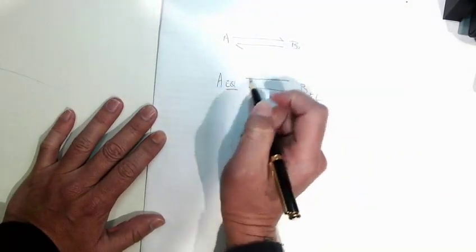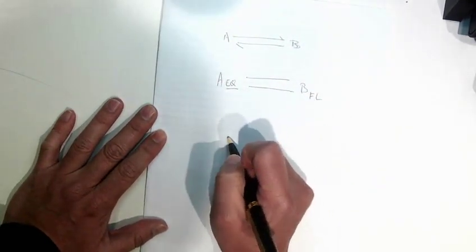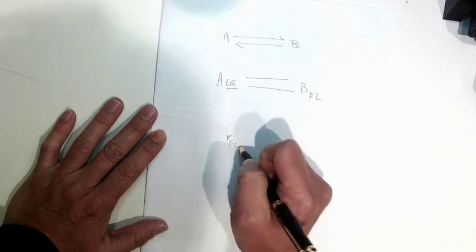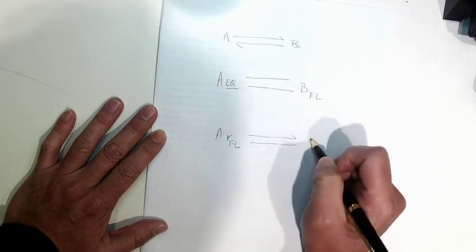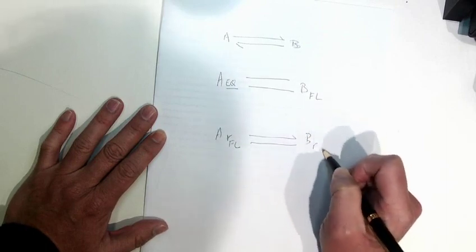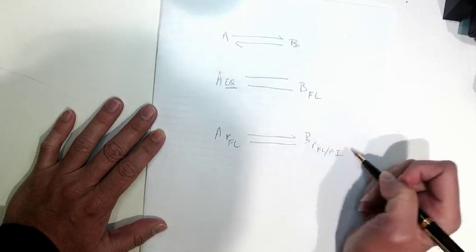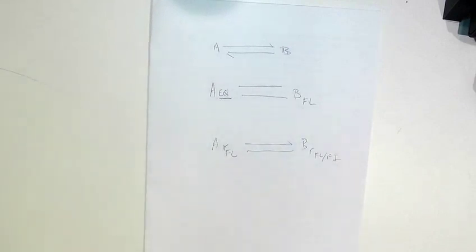So one party holds equity, and let's say fixed income. Next, interest rate swaps. For interest rate swaps, both parties hold fixed income portfolios.